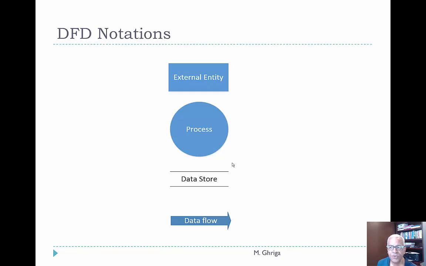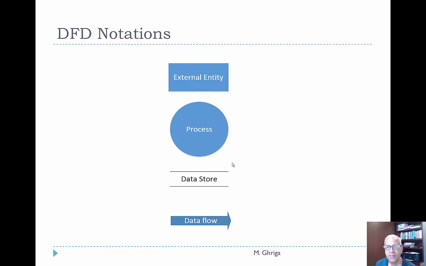Data stores are convenient for us to use, and that's data at rest. So it's really data that's residing in a file system or in an actual database.